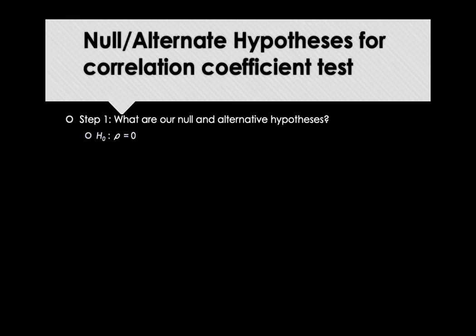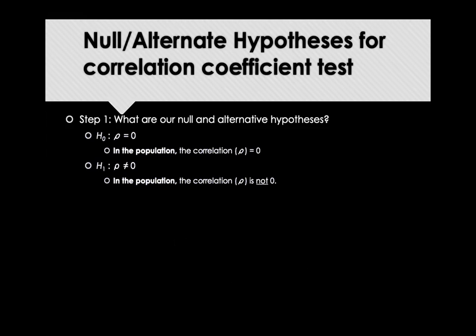What are the null and alternative hypotheses? Recall that rho is the population value for the correlation. In the population, the null hypothesis would say the correlation between the two variables is 0. The alternative hypothesis is that the correlation is not 0.